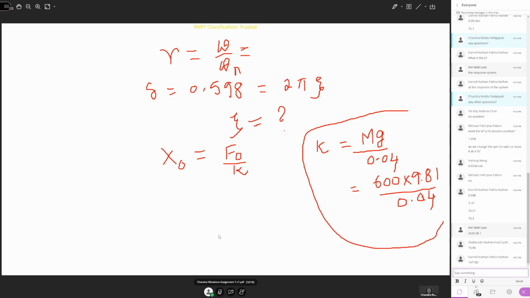So any answer for K? 147150. So it is a stiffness constant, force over distance, so Newton per meter.